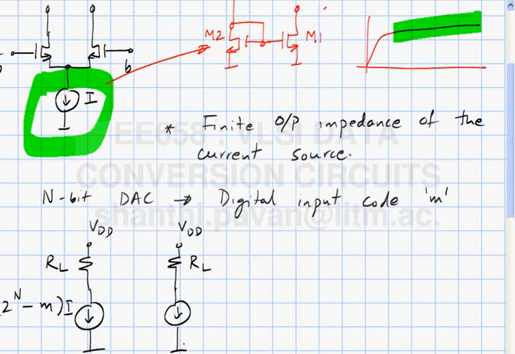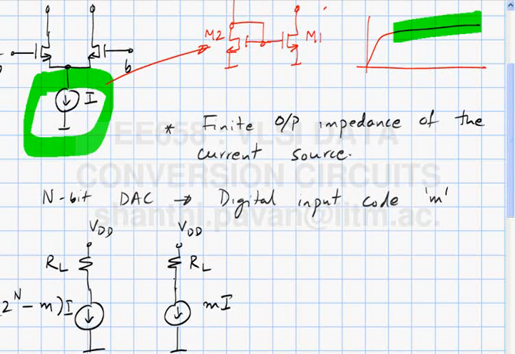If you consider a fully thermometer DAC, then if the digital input code is m, the output current must be proportional to m. So if m of these current sources are steered to one side, it follows that 2 to the power n minus m current sources are steered towards the left. This is what you would expect in practice.